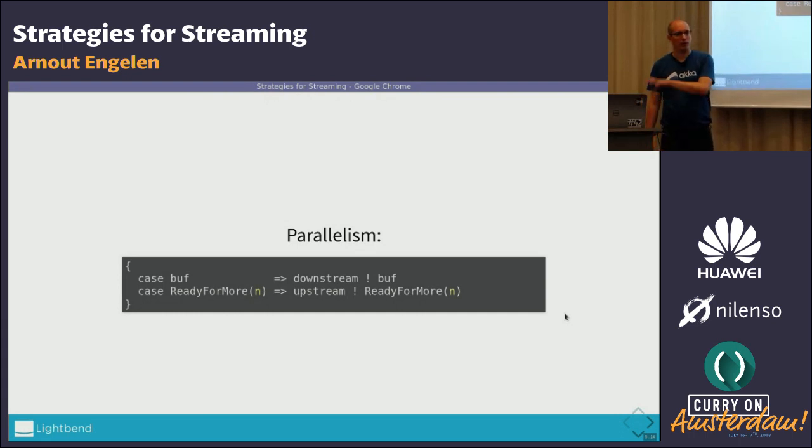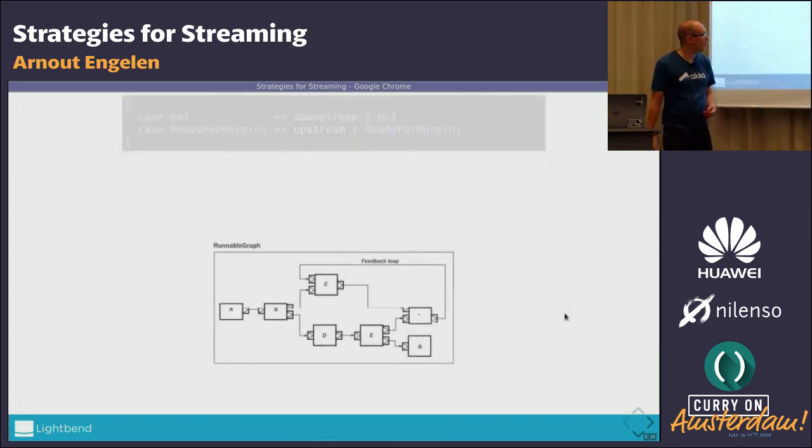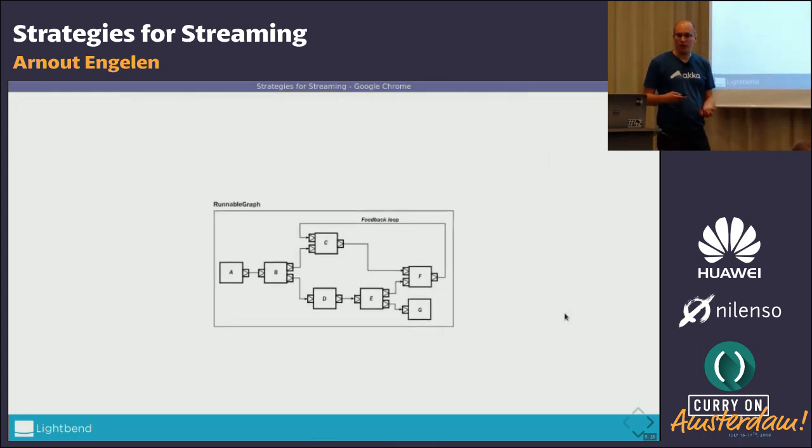They don't have to wait for your downstream to process the first message before accepting the second message upstream. So that makes for a really flexible approach where you can make a complicated graph, and this downstream demand just bubbles up through the graph.